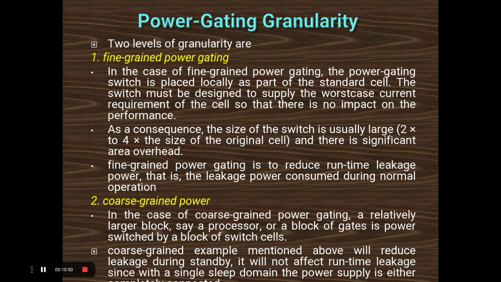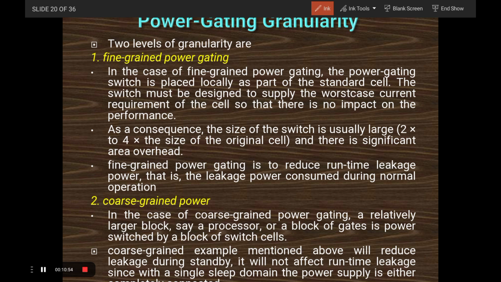In the case of power gating granularity, it consists of two types of methods: fine grained, and the second one is coarse grained. In the fine grained method, the power gating switch is placed locally as a part of the standard cell. That means if you are considering any standard cell, within the standard cell itself we design the switch.